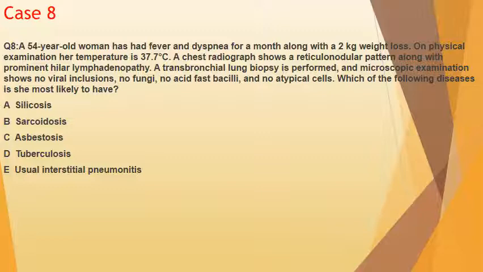A 54-year-old man has had fever and dyspnea for 1 month with 2 kg weight loss. On physical examination, his temperature is about 37.7 centigrade. X-ray shows a reticulonodular pattern along with prominent hilar lymphadenopathy.